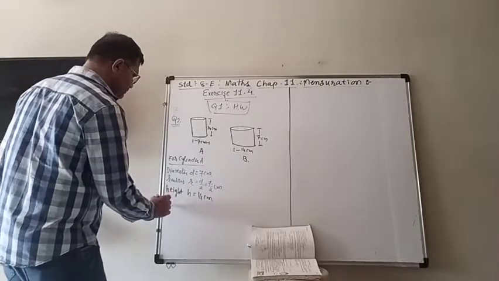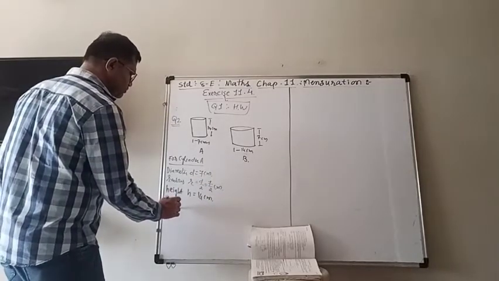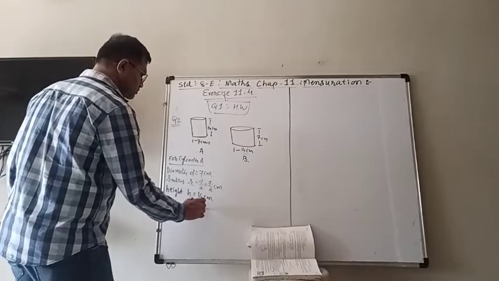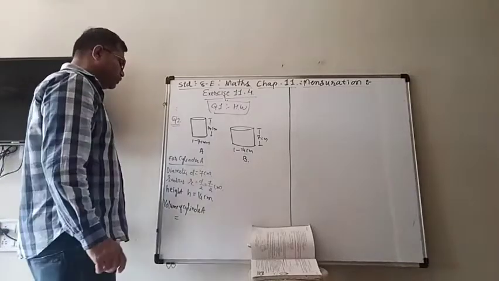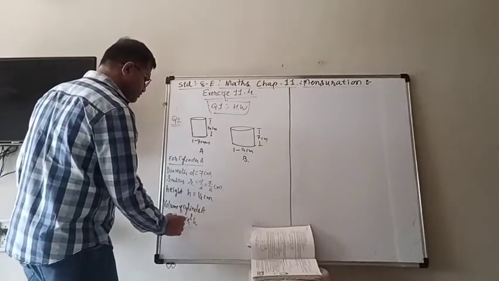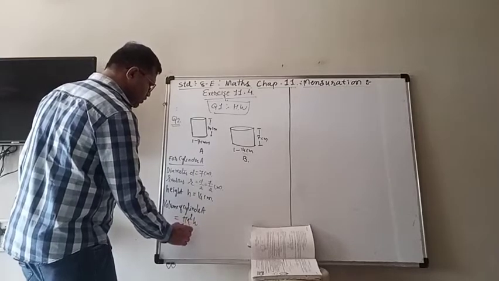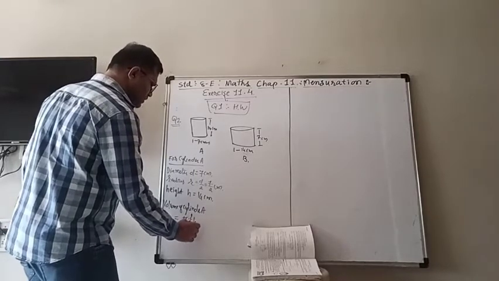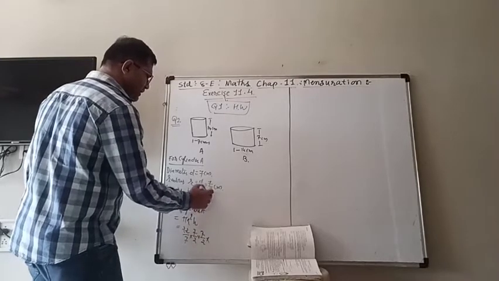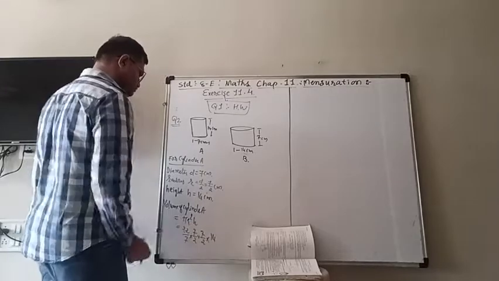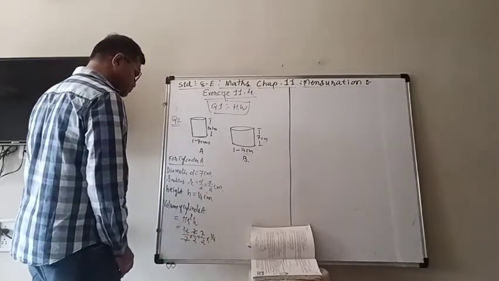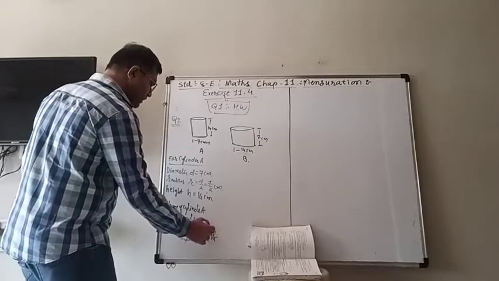So now volume of cylinder A is equal to pi r square H. So 22/7, r is 7/2, 2 times because it is square, and height is 14 cm. 7 and 7 are cancelled. 2 sevens are 14 and 2 elevens are 22.